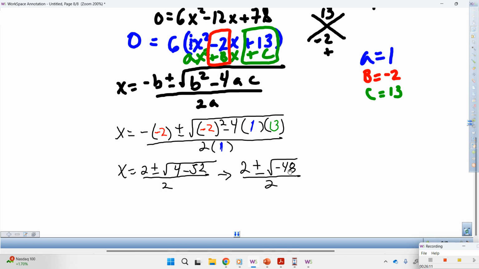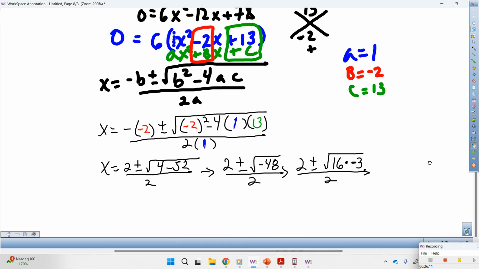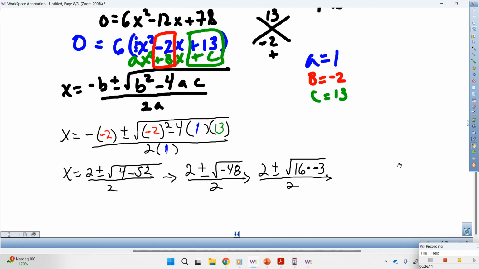Let's break up this 48. I'm going to rewrite this. Look up. 2 plus minus square root 16 times negative 3, over 2. What is square root of 16, everyone?